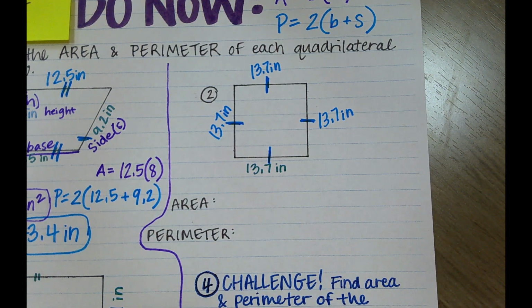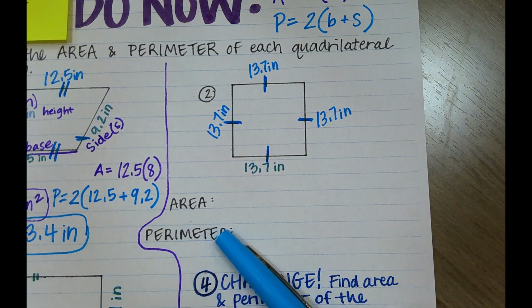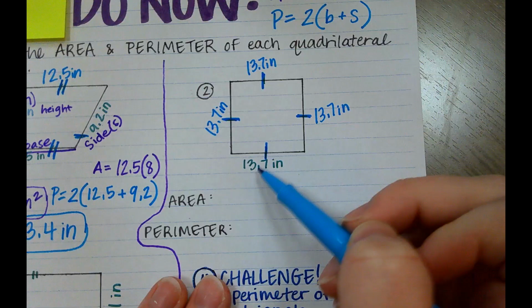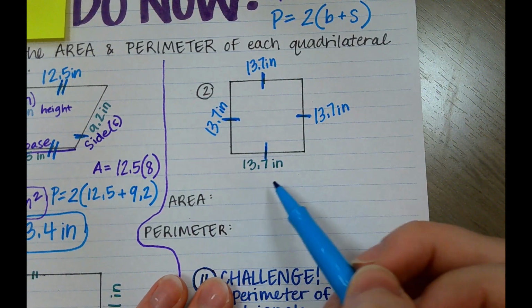Is that area or perimeter if I take it times 4? Area is... perimeter is around. We're doing perimeter. Okay, so let's think about perimeter. We just figured out there's 4 sides that are all the same.